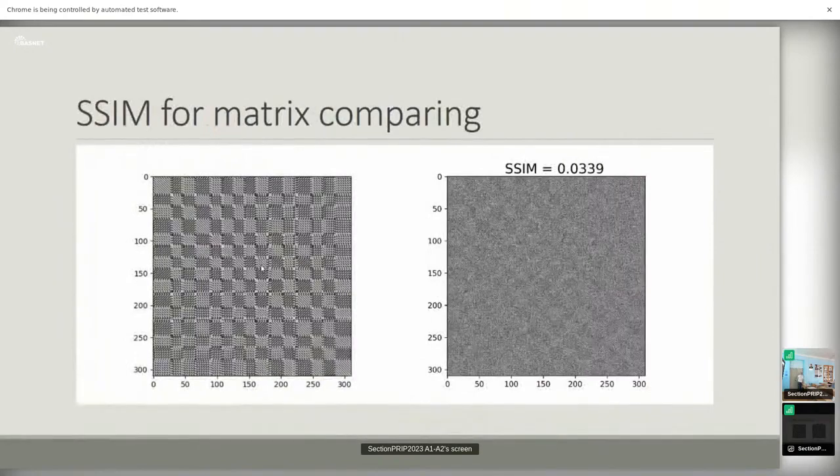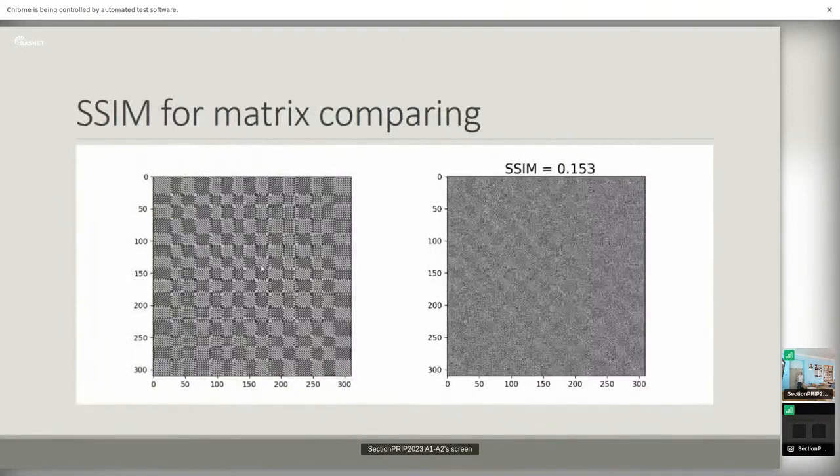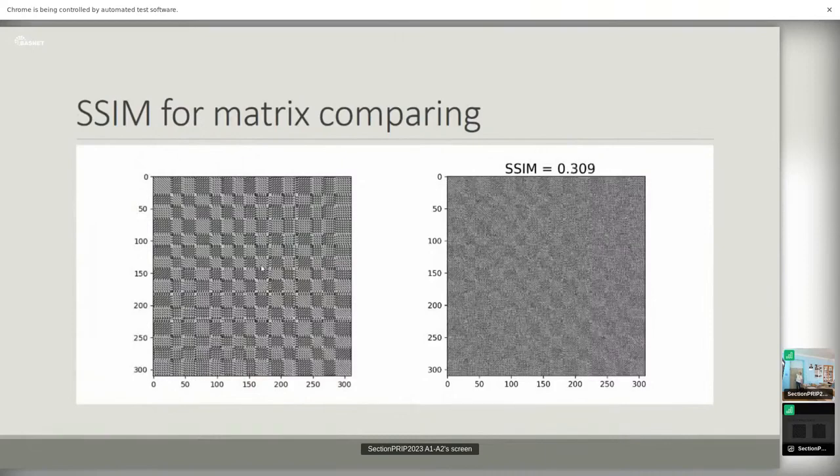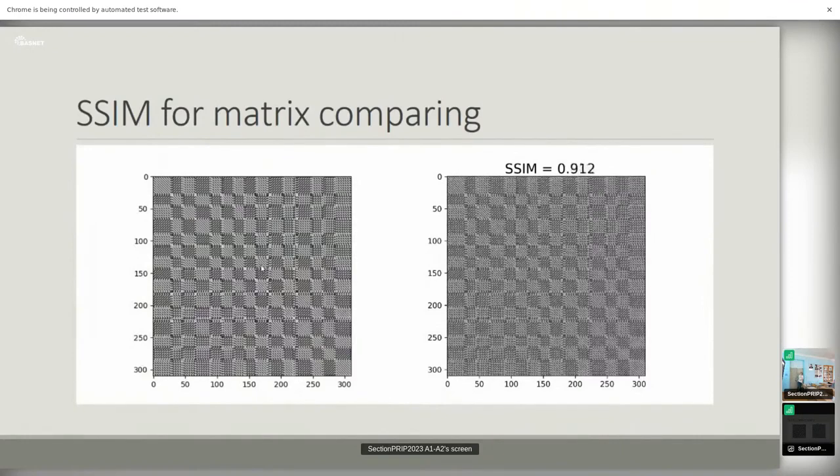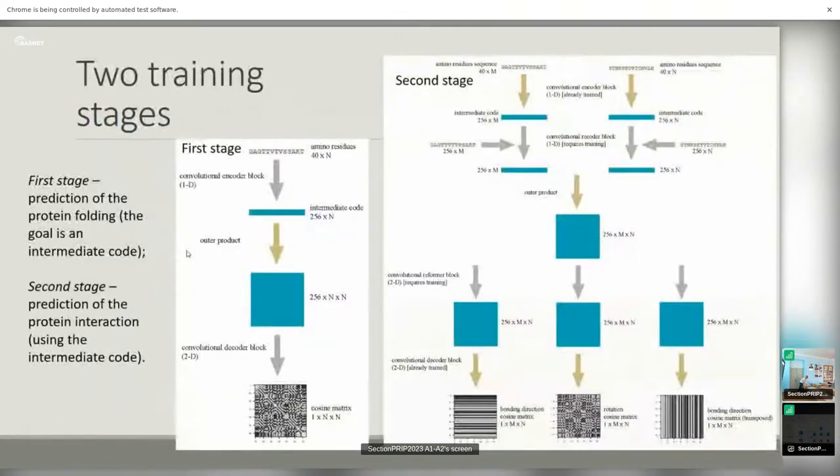So to compare matrices, we prefer to use the structural similarity index measure. It is better than purely matrix norms or something. It looks very good, works very well. Here is schematically the neural network that we built. There are two stages of training.